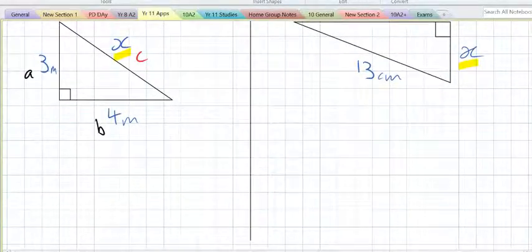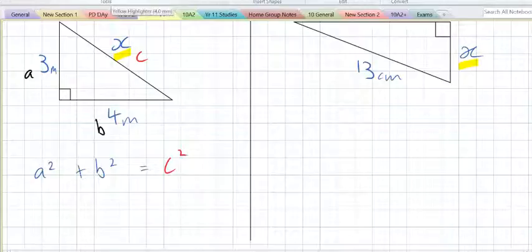Alright. And then we write the Pythagoras equation, which is a squared plus b squared equals c squared. And then we look back to our triangle, and where we see A, B and C, we should also see next to it either numbers or unknowns.